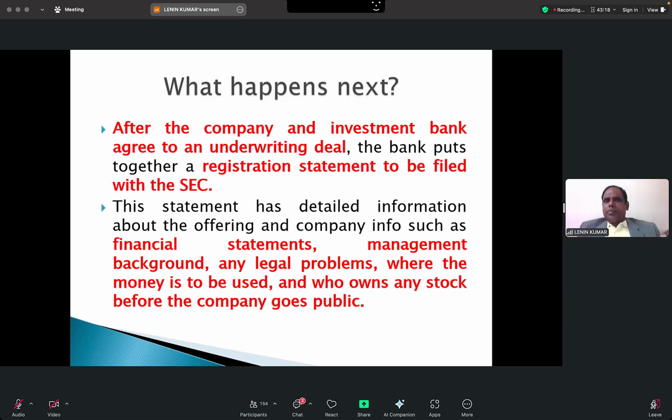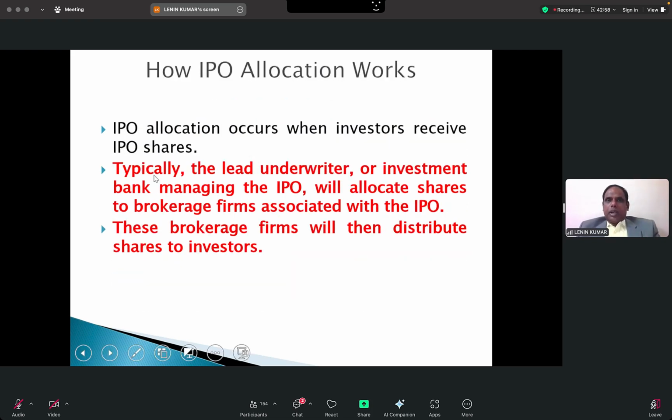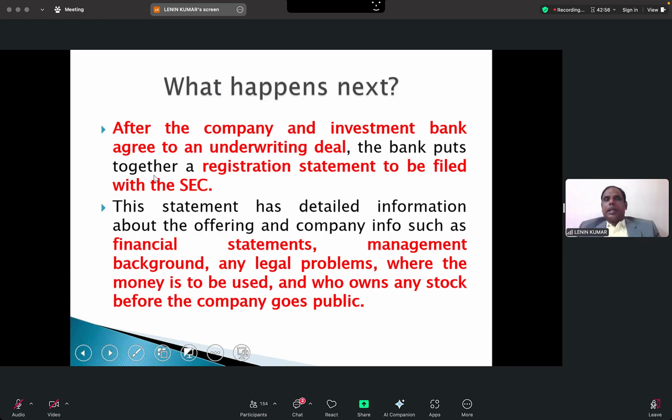To make it very simple, the first thing I told you is that they want to hire an investment banker. Then they shortlist the bank, and that process is called underwriting.